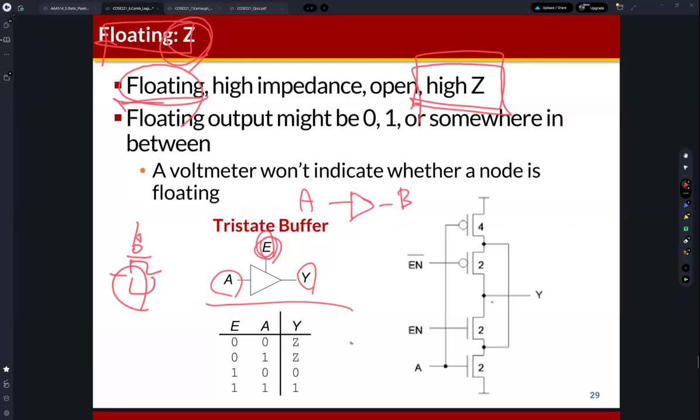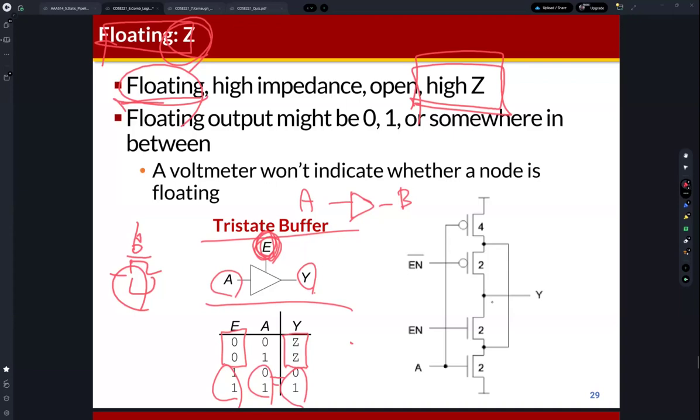This buffer is called the tri-state buffer, because based on the control signal, if the enable signal is 0, then Y is disconnected from A. So you can find the high Z signal here. And if the enable signal is 1, then Y is equivalent to A, which means that Y is connected to A. Okay, so this is the tri-state buffer.